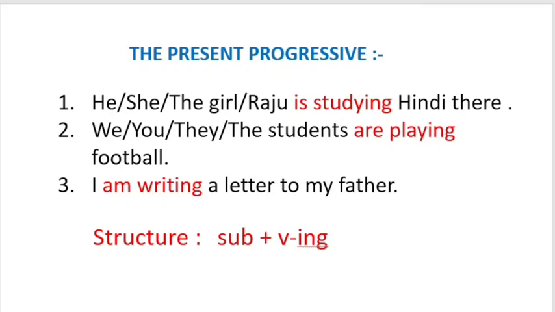If we say Raju is studying Hindi there, it means the action of study began some point of time before now, and he is studying at the moment of speaking, and Raju's study will continue till some point of time in future, and then it will be completed.